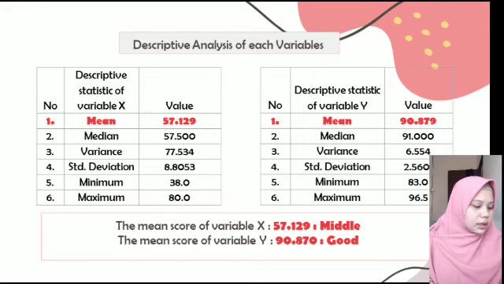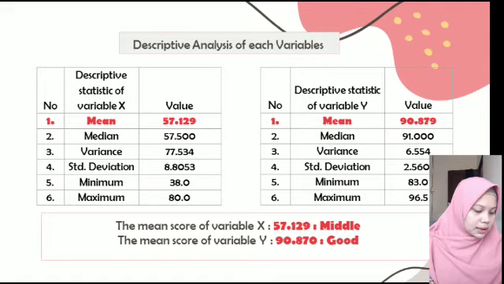Okay, chapter 4 is data presentation and data analysis. Based on the slide, we can see that the level of students' learner autonomy is middle, because the mean score is 57.129.